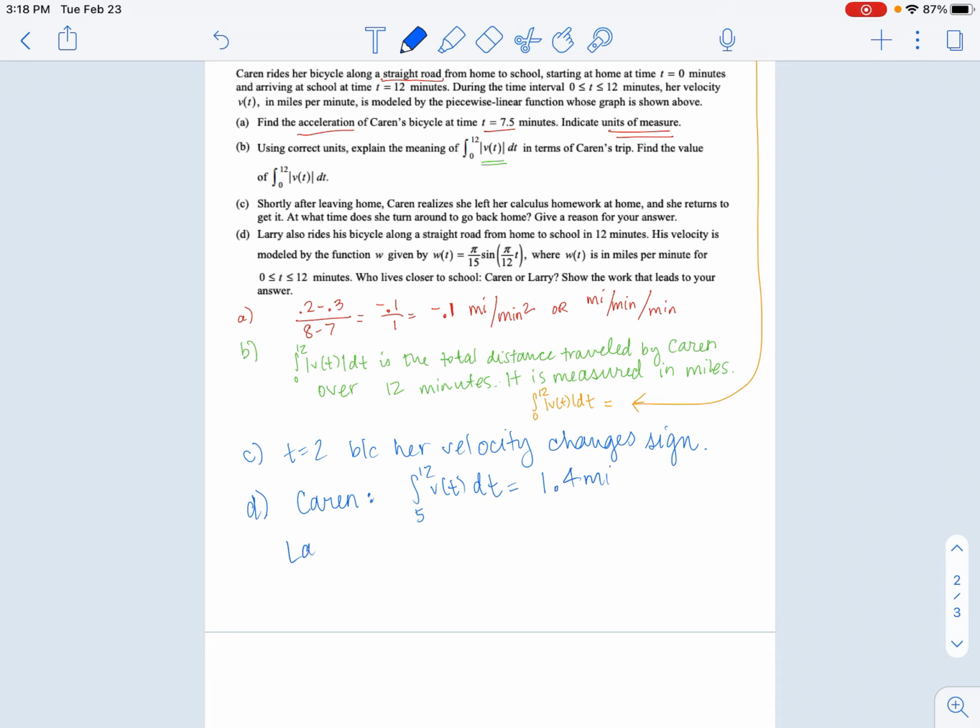And then we have to calculate Larry, his total displacement, which would be the integral from 0 to 12 of pi over 15 sine of pi over 12 t.